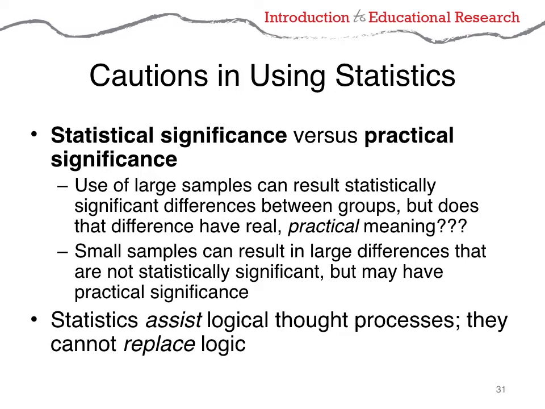And you may have a sample that may fail your statistical significance test, but there may be very large differences. And so you might have to do more research to protect against that threat. But ultimately, what we're looking for is things that make a difference. And that's this practical significance, or effect size.